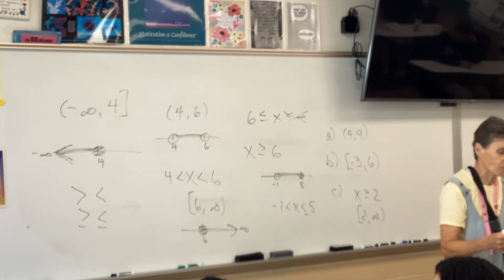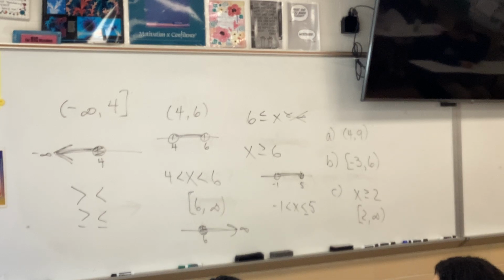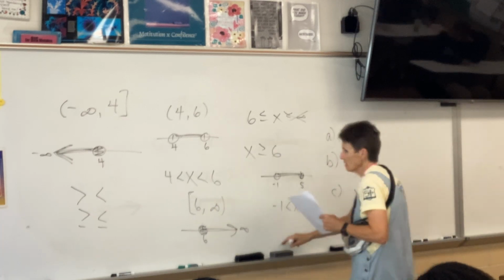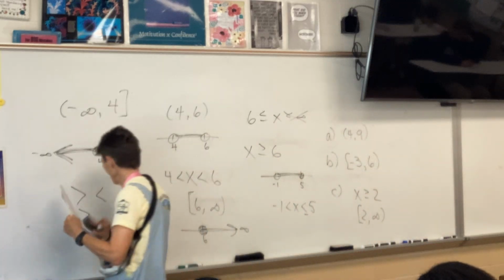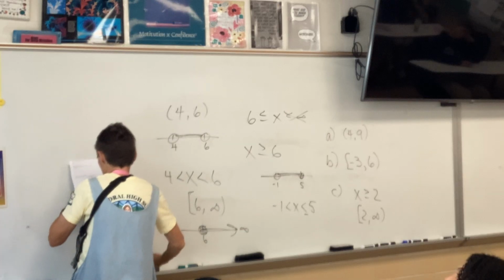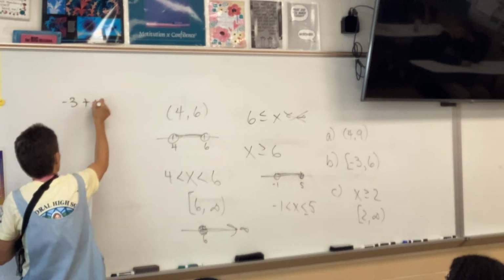This first section is full of all kinds of stuff. Where it says additive inverse, above that, write the word opposite. Additive inverse means opposite. So basically, what you're being asked to do is write the opposite of -3 plus 1.